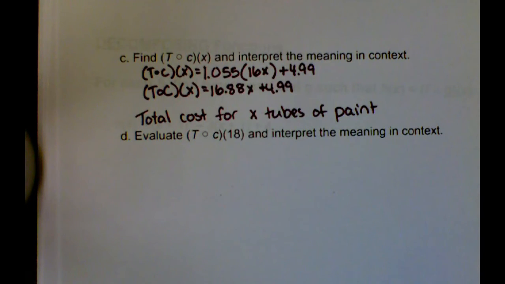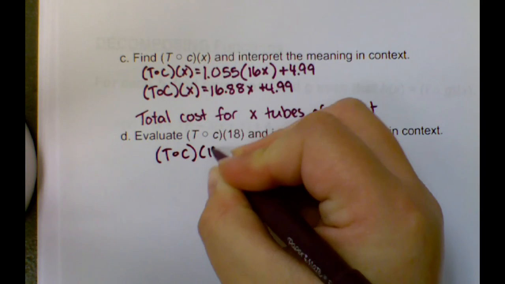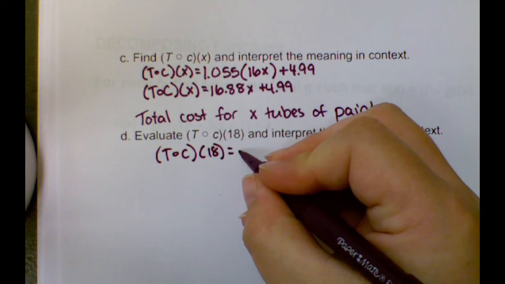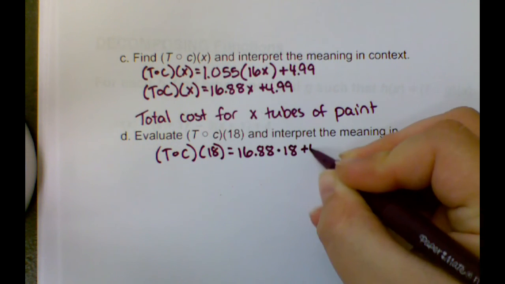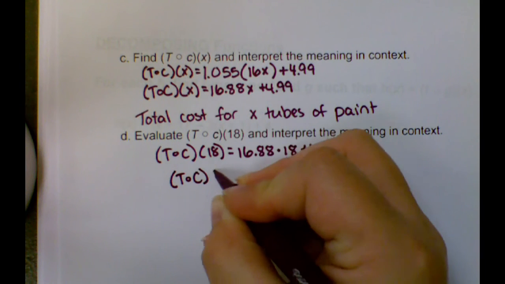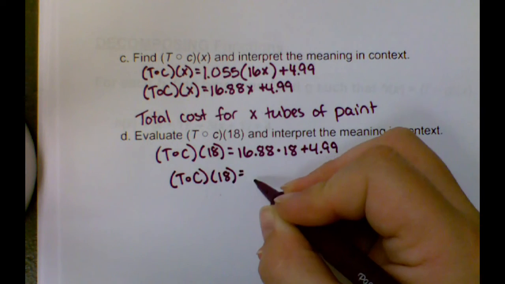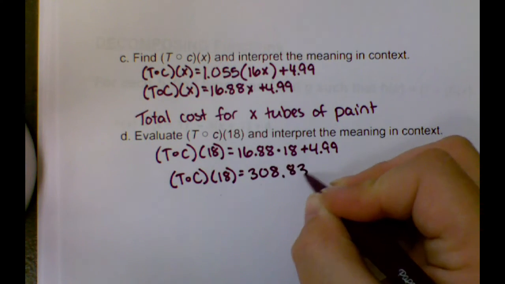Now we're going to evaluate T of C of 18 and interpret its meaning. So to get T of C of 18, it might be easier at this point to just plug it into our new function, 16.88 times 18 plus $4.99. And we find that T of C of 18 is 308.83.